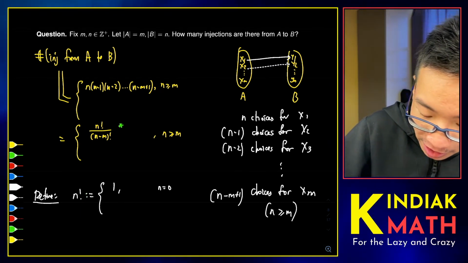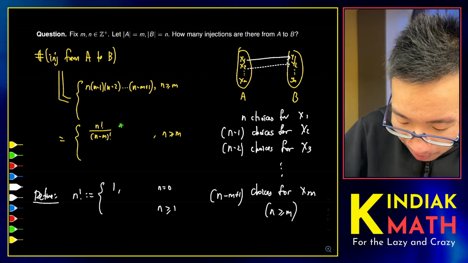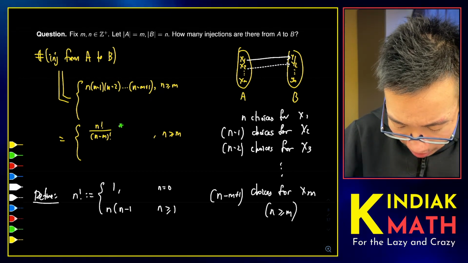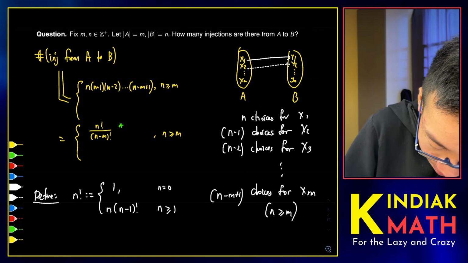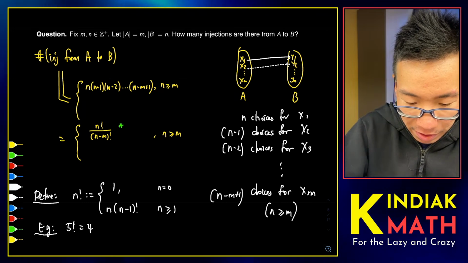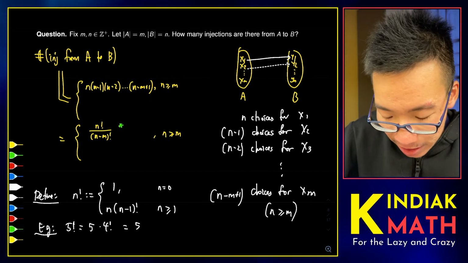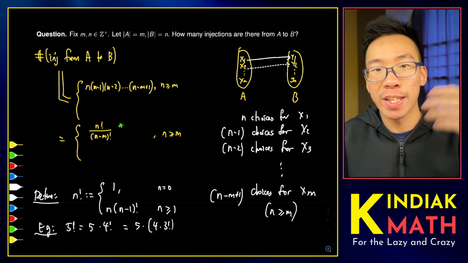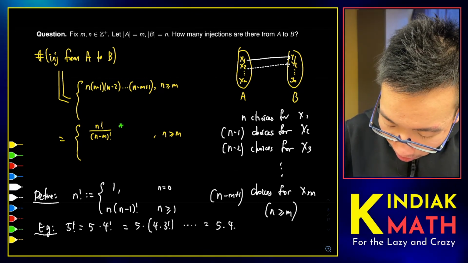And then for any other integer, you would take n multiplied by the factorial of the one below it. So for example, and a very classic example here, 5 factorial is going to be 5 times 4 factorial, but 4 factorial is 4 times 3 factorial, 3 factorial is 3 times 2 factorial, and so on and so forth. You're going to get 5 times 4 times 3 times 2 times 1.